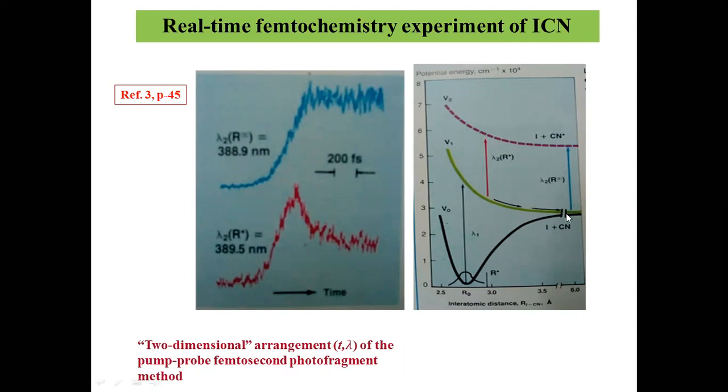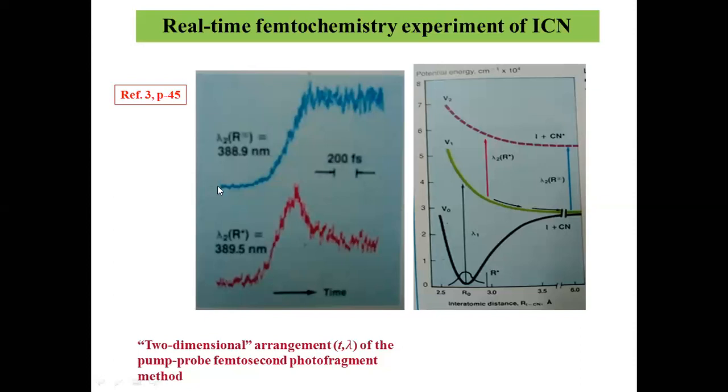I'm giving the second pulse when R is infinity, that means they are completely separated. If I do this experiment, this is the pump laser at lambda 1, and the probe pulse I give here when R is infinitely separated. So that means CN is separated and taken to the excited state, and then CN is fluorescing back. That is the laser induced fluorescence spectra that I am getting in the blue, right?